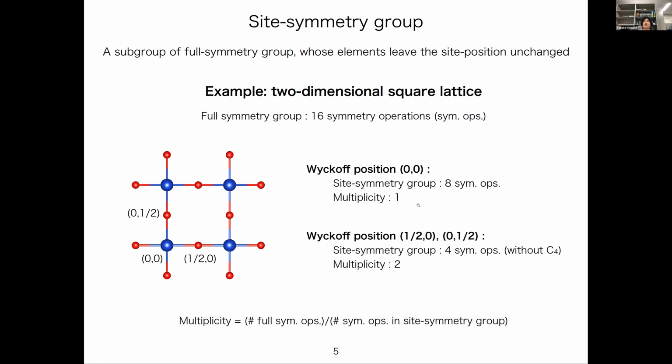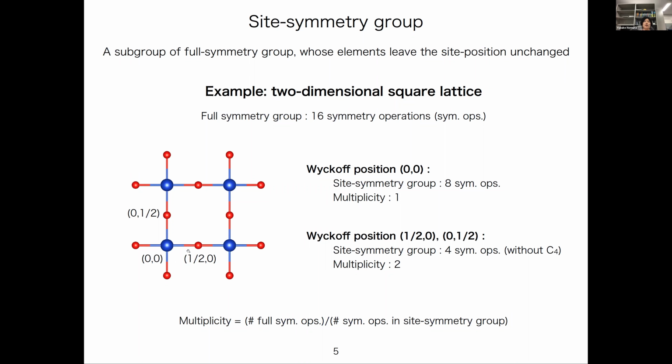So the multiplicity of this site is just 1. But if we think about the site symmetry at the (1/2, 0) point here, then we do not have the C4 rotational symmetry.